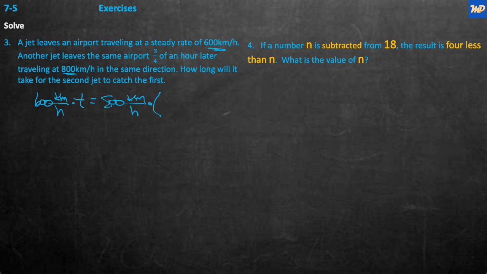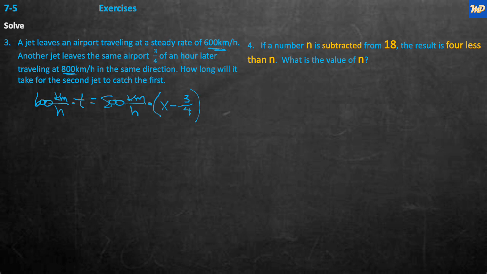Well, the time that the first plane left minus 3/4. That's to define this plane's time, because he's flying the amount of this plane's flying minus 3/4. That's what he'll be flying when he catches them. He'll be flying 3/4 of an hour less than the other plane was flying.